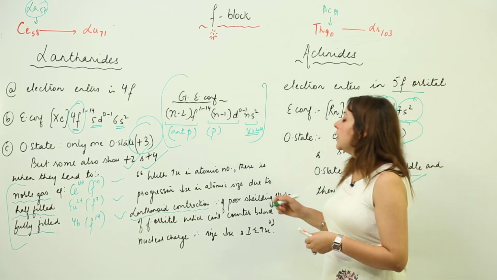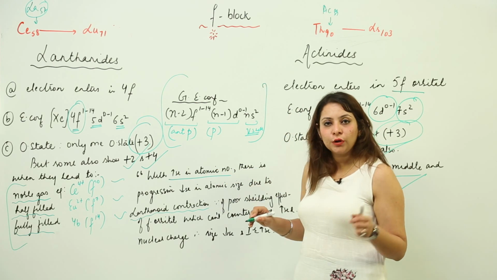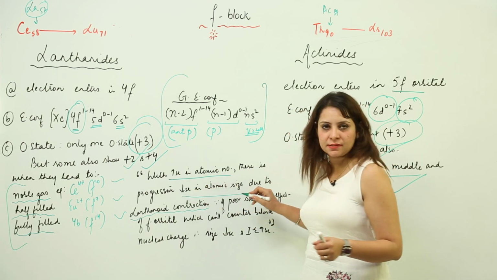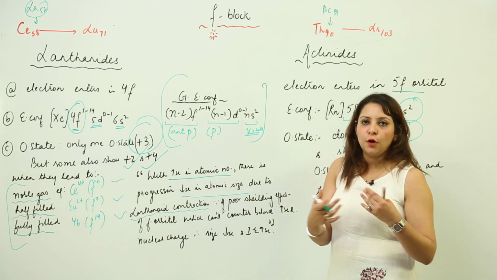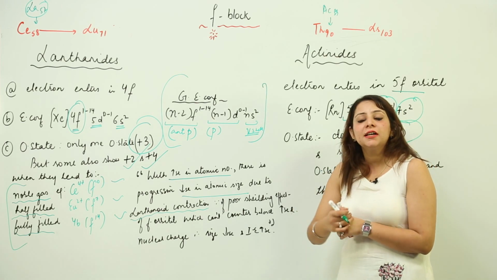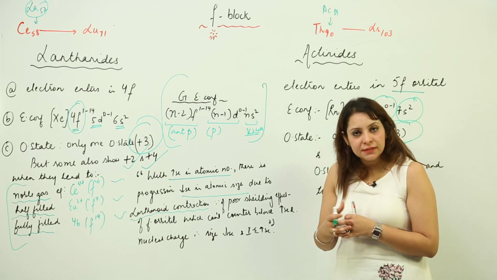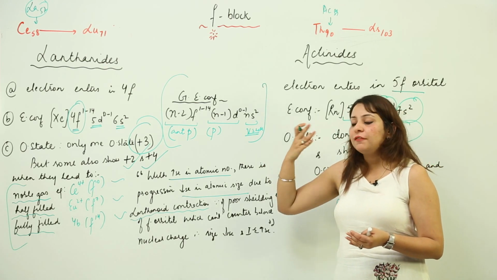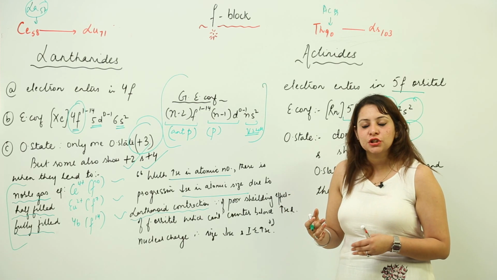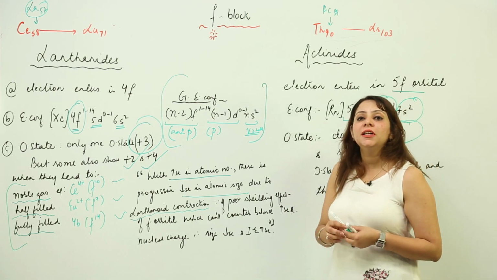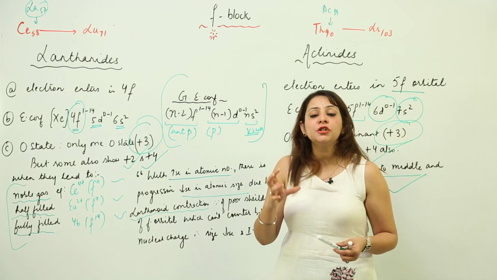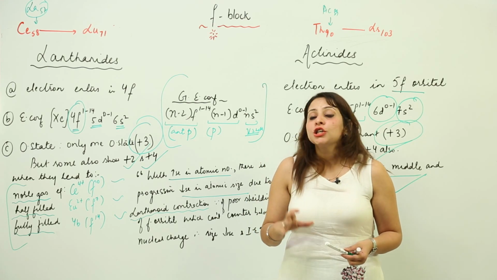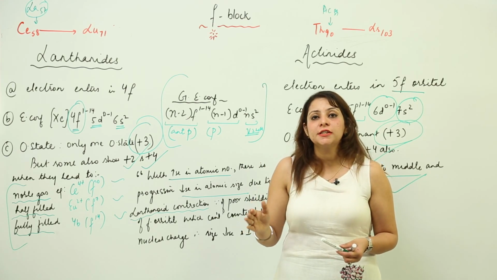So, the reason is that with increase in atomic number, the size actually decreases. Otherwise, the opposite should happen, but here when the atomic number is increasing, the size is decreasing, because as we move more and more, the f orbital electrons are increasing, and we know that f orbital has a diffuse shape and it shows a poor shielding effect. So, it cannot shield its valence shell electrons in a proper manner.